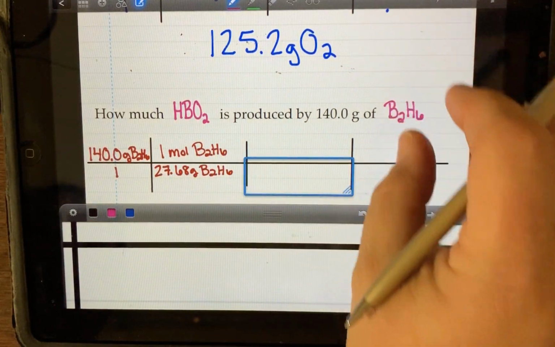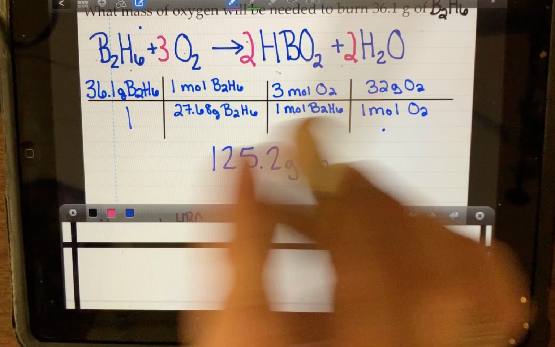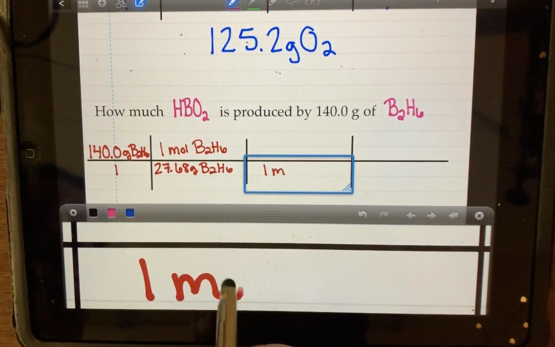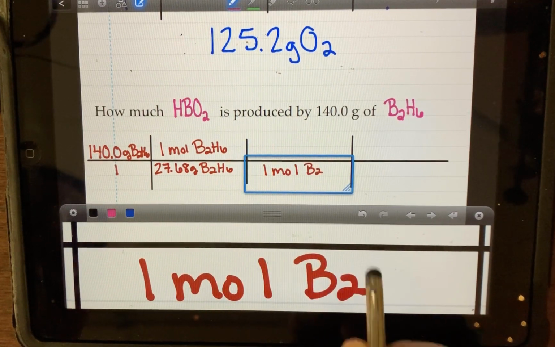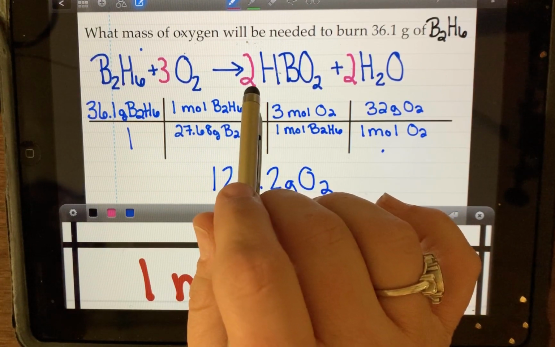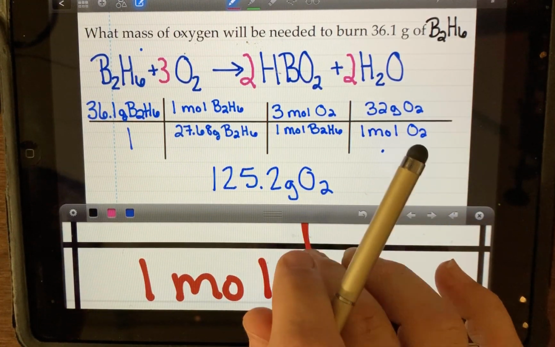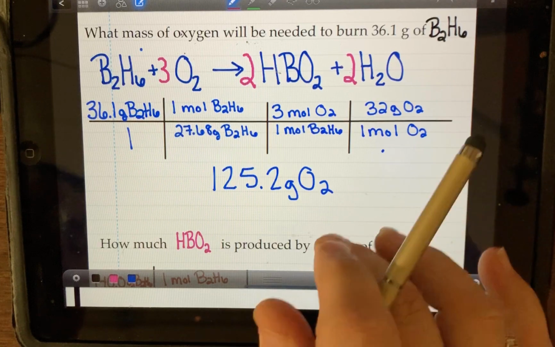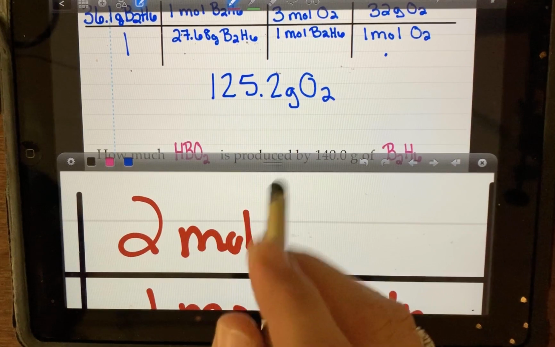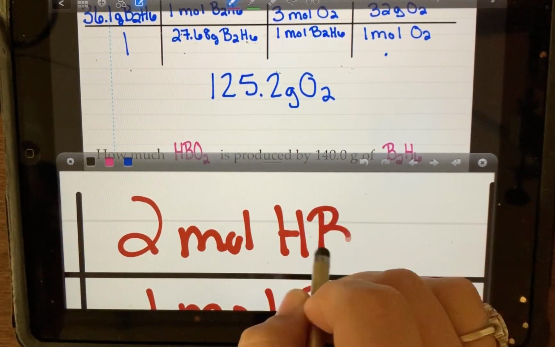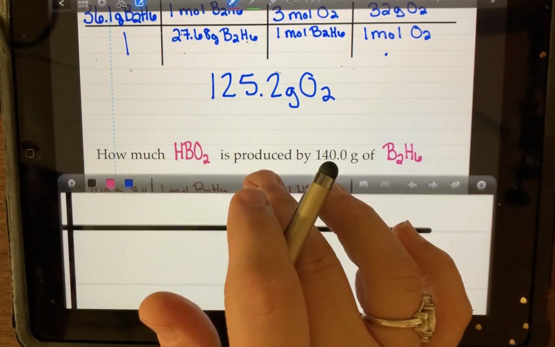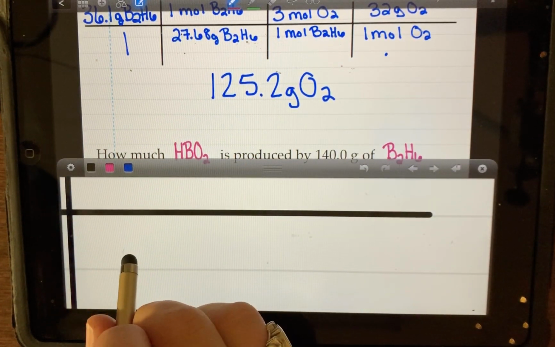Now, I'm going to go back to my balanced equation. I have a 1 in front of the B2H6, so this is going to be 1 mole B2H6. And I want to know about HBO2. There's a 2 in front of it, so I'm going to put 2 moles HBO2. Now, final step, I need to get it back to grams.